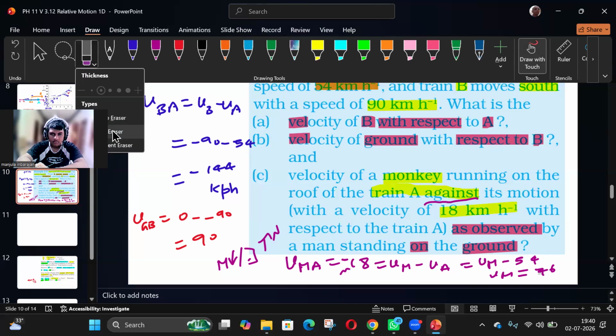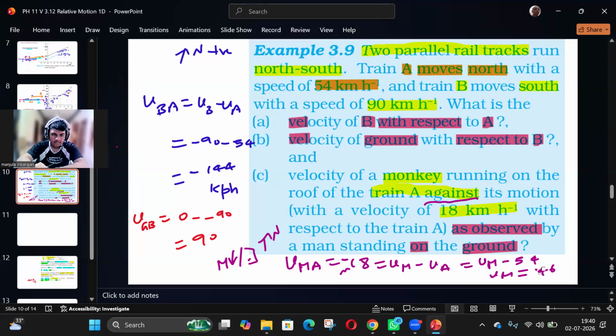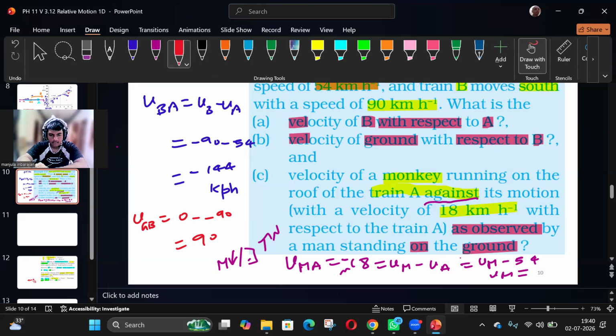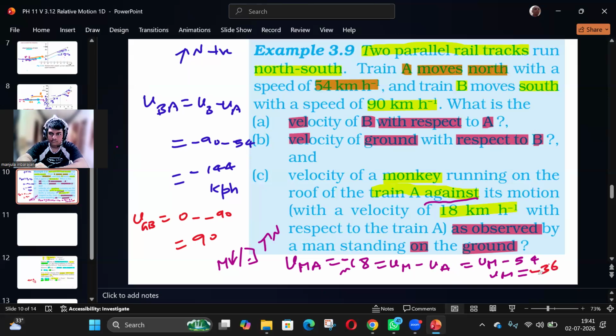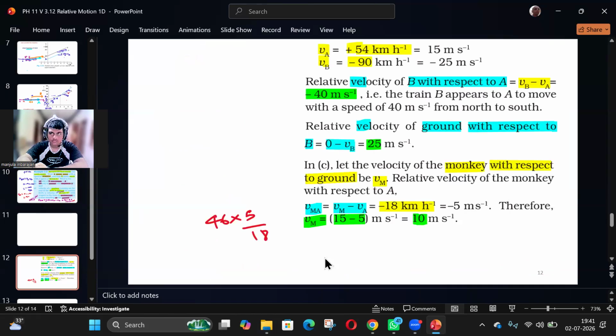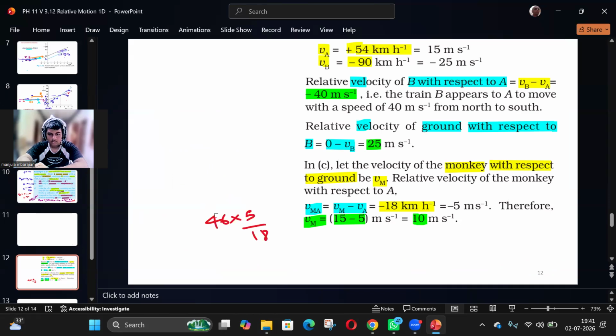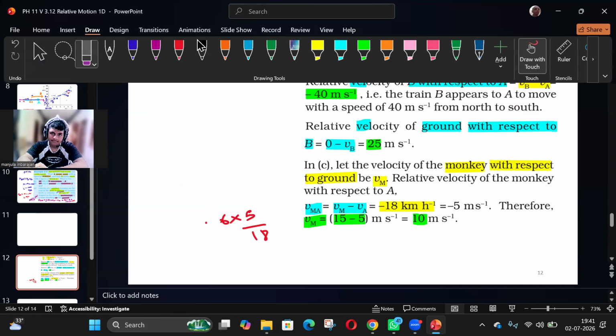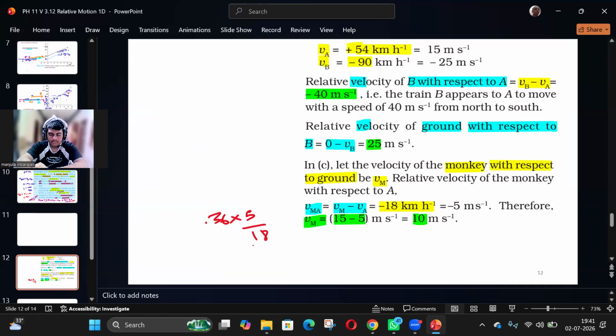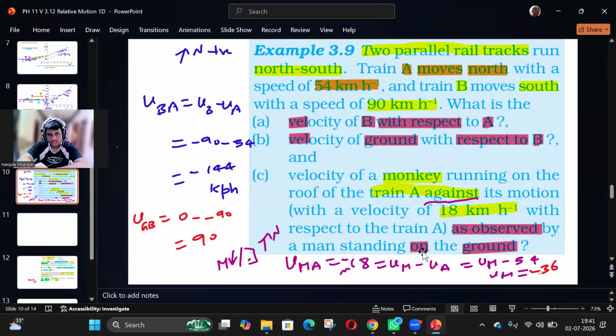Then 36 into 5 by 18 is a simple calculation. So it's 10. And the sign is plus because this is plus 36.